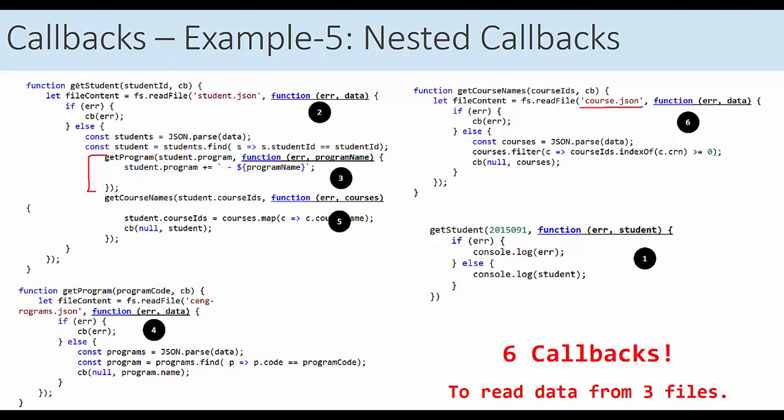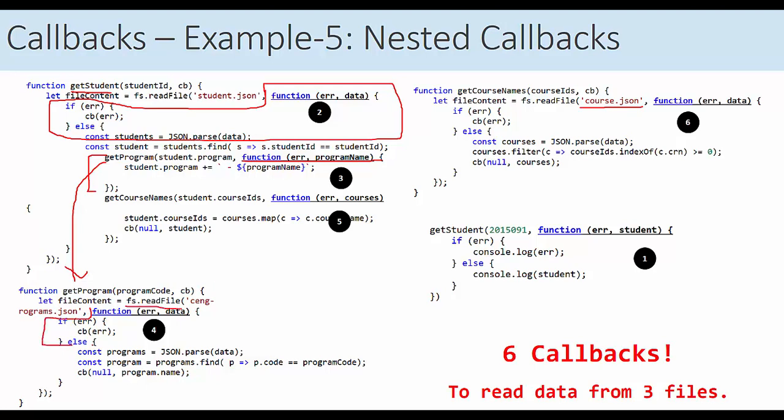So this second function, getStudent, see, first it will read the file with its own callback for file read. Then it will call getProgram, providing its own callback for getProgram, which will read the file, providing its own callback for the file read. Once finishing getting the program data, it will call back its callback function here.